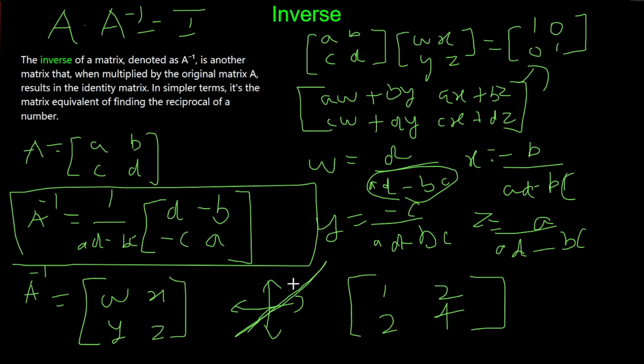So the 2D will be converted to a single dimension. It squashes the 2D area into a line. So we cannot reverse it using the inverse matrix. So that's why it is not possible when we have the determinant value as 0.